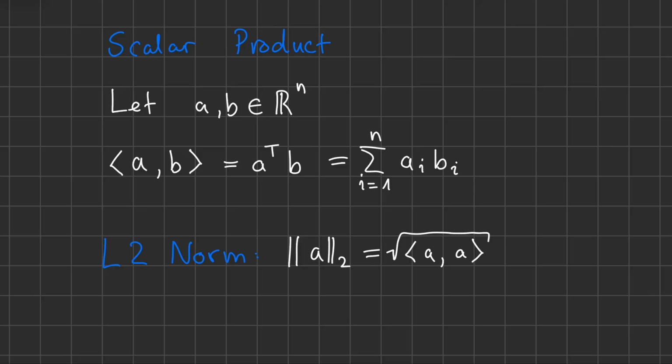We use this scalar product to compute lengths. The L2 norm is a norm which we are all familiar with. It is used, for example, in Pythagoras' formula and is defined as the square root of the scalar product of a vector with itself. And this tells us how long a vector is.